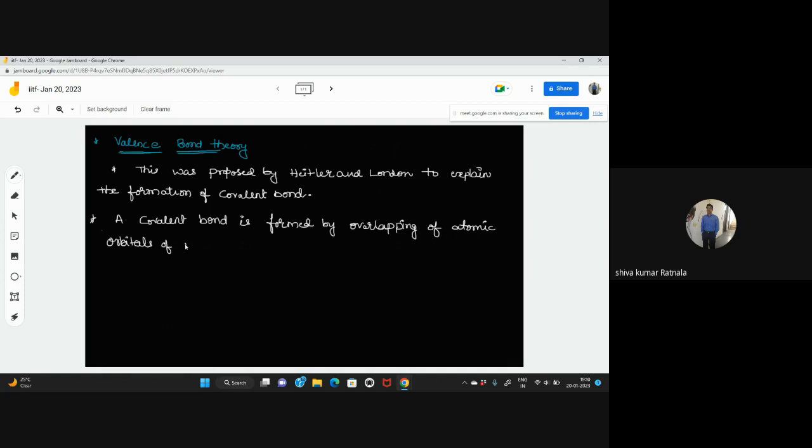In that overlapping process, simply half filled atomic orbitals only will be involved in the overlapping process.